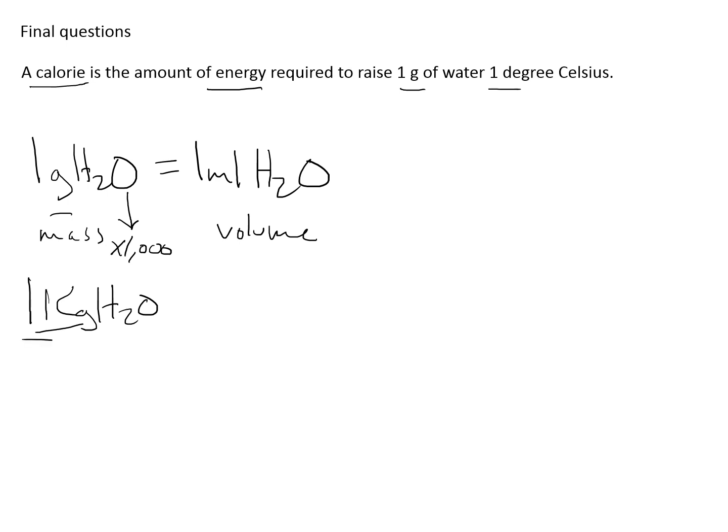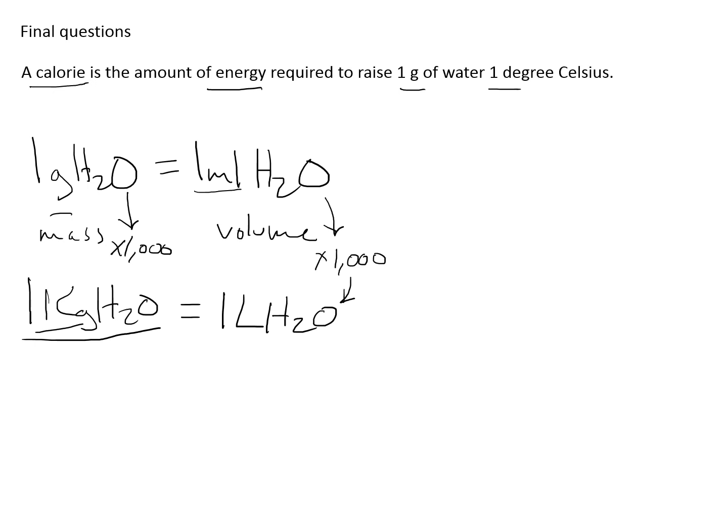So now I've got a much greater amount of water. 1 kilogram of water equals 1 liter of water. And what do you know? 1 liter of water is 1,000 milliliters. So if you had 1 milliliter and then went times 1,000, you get 1 liter. And what do you know? 1 kilogram equals 1 liter.